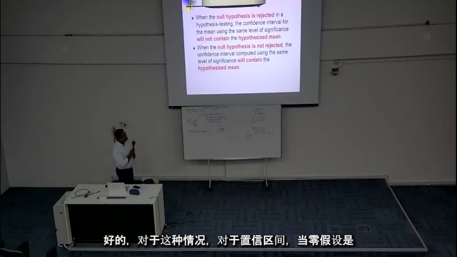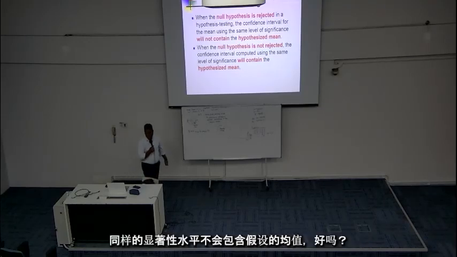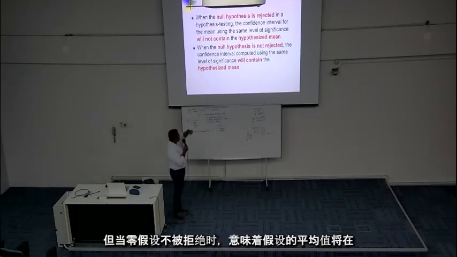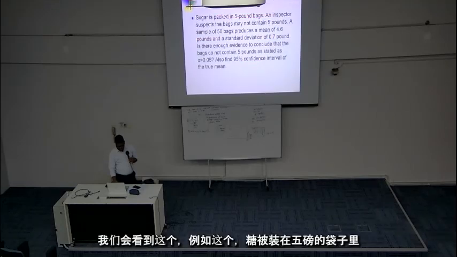For this condition, when the null hypothesis is rejected, the confidence interval for the mean using the same level of significance will not contain the hypothesized mean. But when the null hypothesis is not rejected, it means that the hypothesized mean will be in the confidence interval.